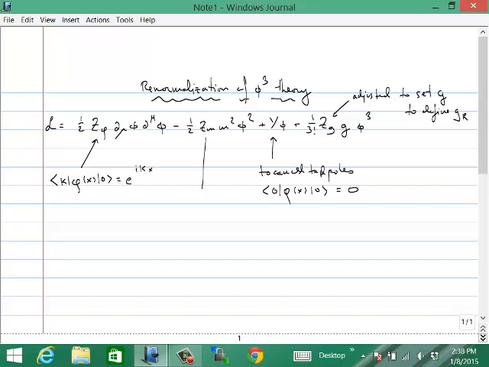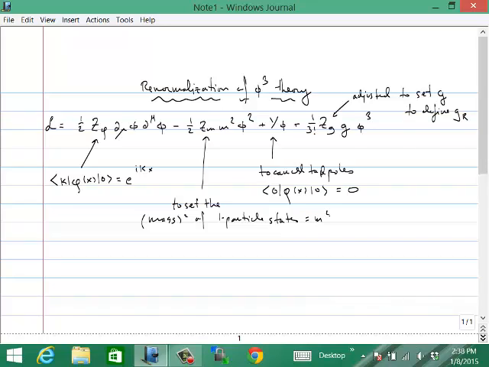And z sub m is adjusted so that the parameter m that appears in the Lagrangian is actually related to the physical mass of the one-particle excited states in the theory. So that's to set the mass squared of the one-particle states to be equal to m squared.